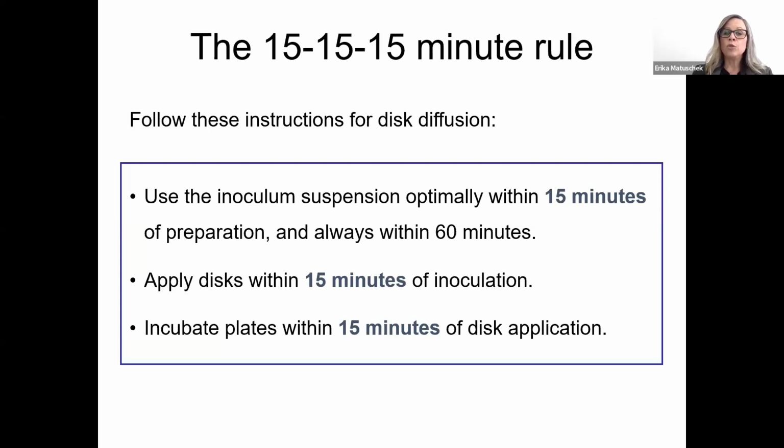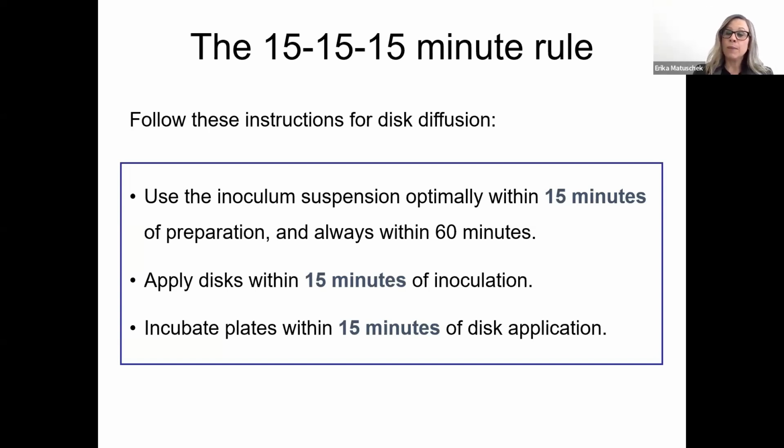So we say that you should use the inoculum suspension optimally within 15 minutes of preparation and always within 60 minutes. It's always better to use it within 15 minutes. And for anaerobic bacteria, you should always do that. We have allowed up to 60 minutes because we can see that it will not affect many other non-fastidious organisms. And we know that it might fit better into a workflow in some laboratories.